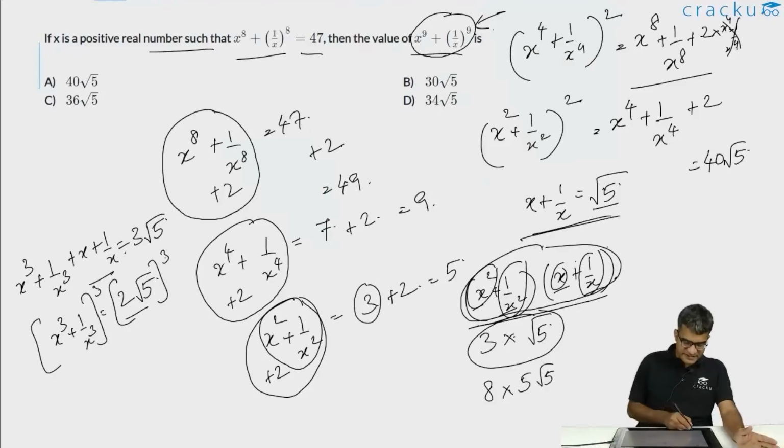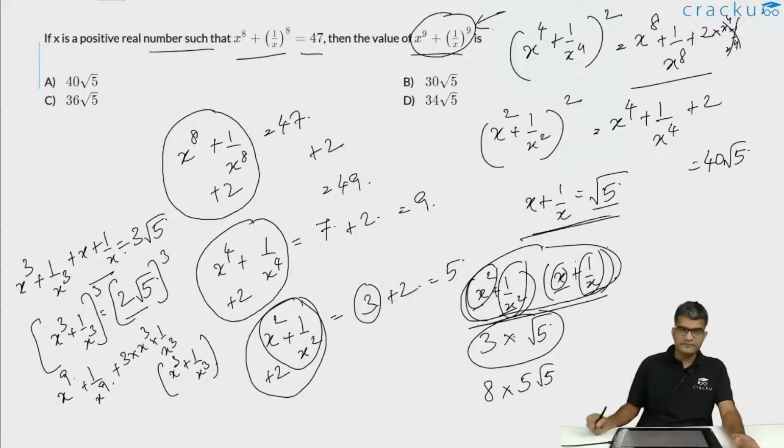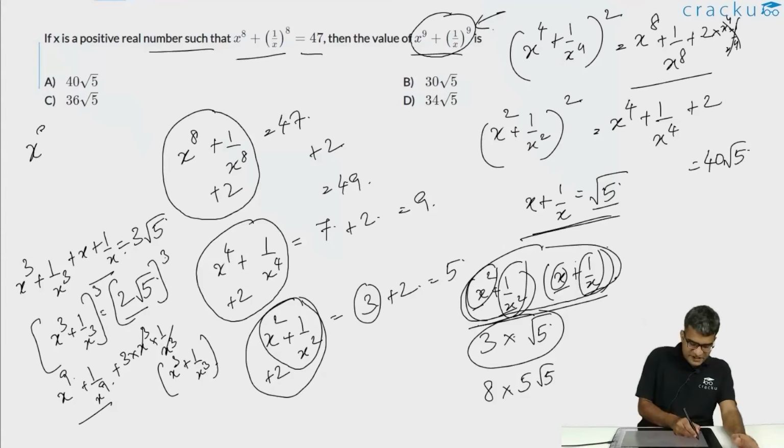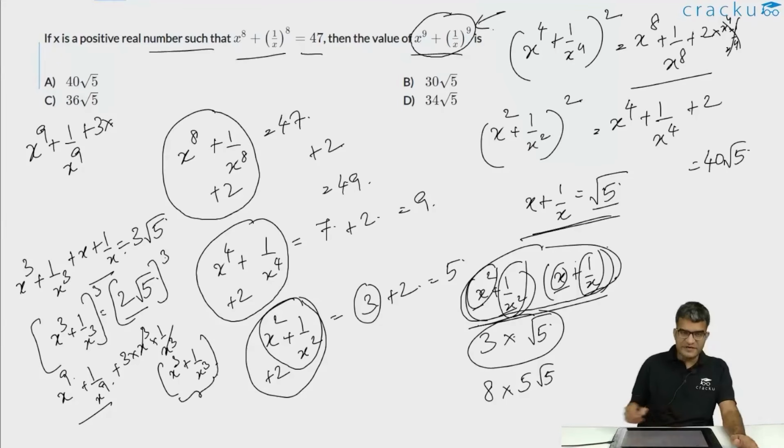What is the left hand side? This will be equal to x to the power 9 plus 1 by x to the power 9 plus 3 times x cube into 1 by x cube into x cube plus 1 by x cube. You can cancel x cube and 1 by x cube. So essentially what we have is x to the power 9 plus 1 by x to the power 9 plus 3 times, what is the value of x cube plus 1 by x cube?